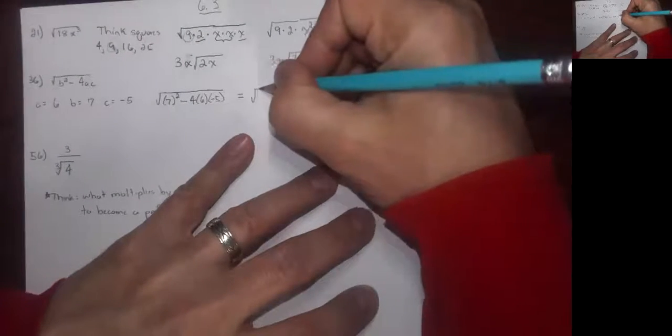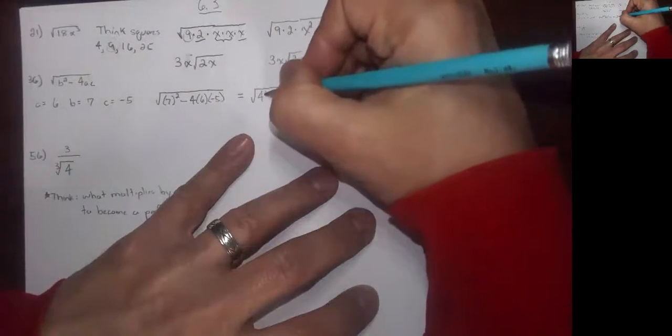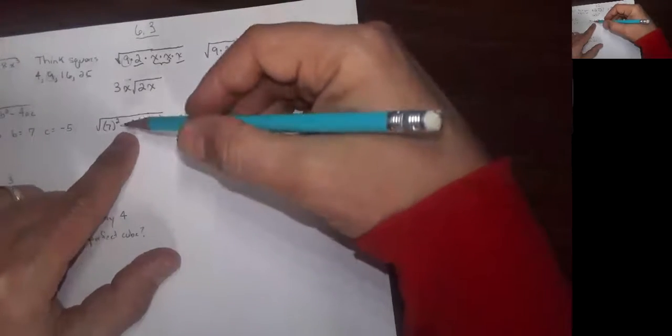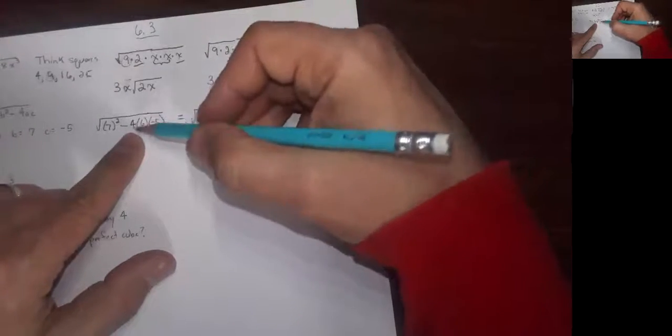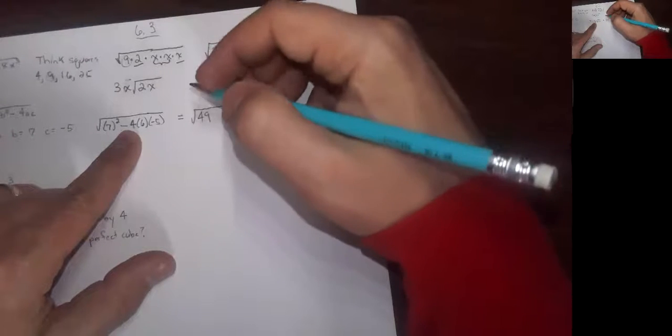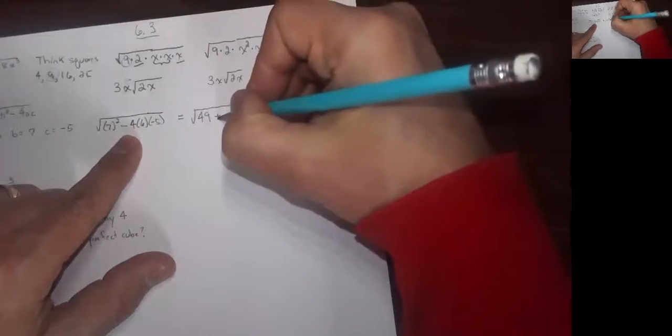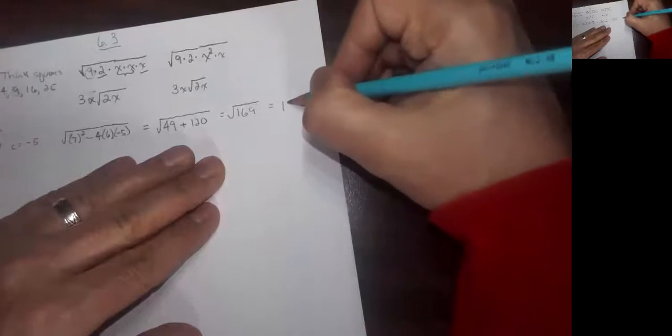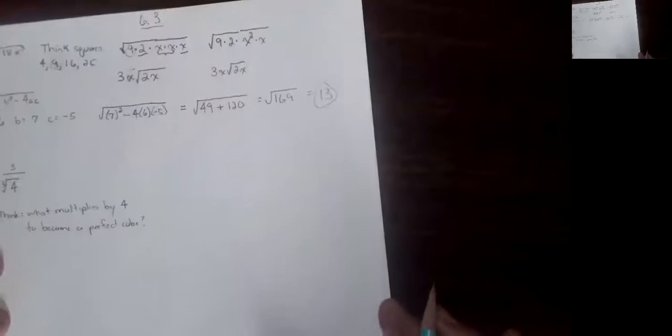So I have the square root of 49, and then I have a negative, and I like to think evens. So 4 times 5 is 20, times 6 is 120. I have a negative and a negative, so plus 120. And now I have the square root of 169, that happens to be 13.